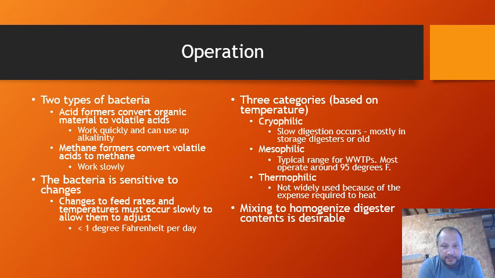So you'll probably see some of those math questions in your homework. Actually, two separate tests, one for volatile acids and then a second for alkalinity. And then you take those results and calculate a ratio that has to be within a certain range.